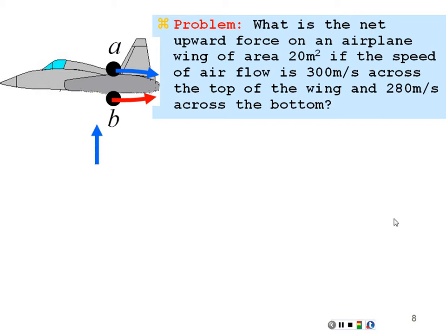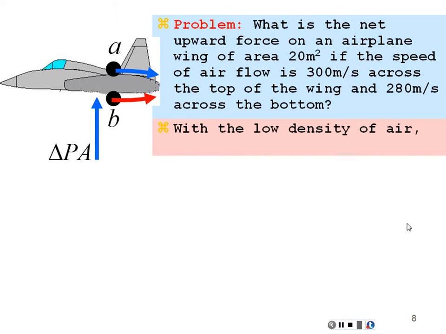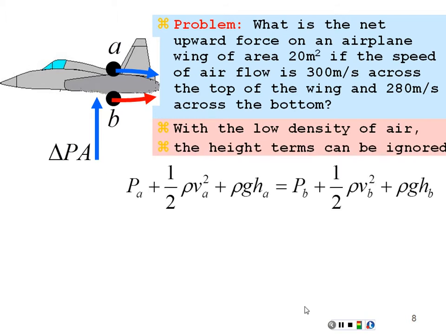Let's apply Bernoulli's equation to point A and point B. Absolute pressure at A plus 1/2 rho v_A squared plus rho g h at A equals the same kind of terms at point B. Now in this case, the density of air is pretty small, and the difference in height between A and B is just the height of the wing, which is incredibly small compared to everything else.